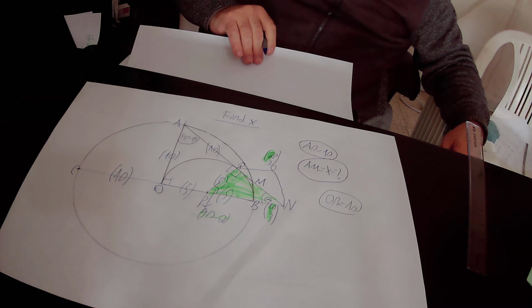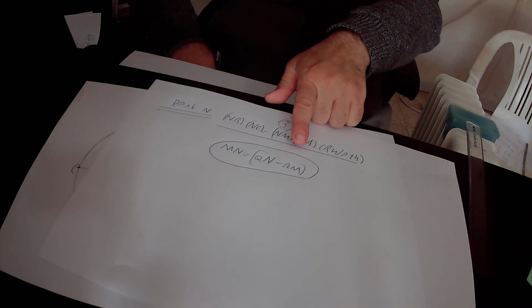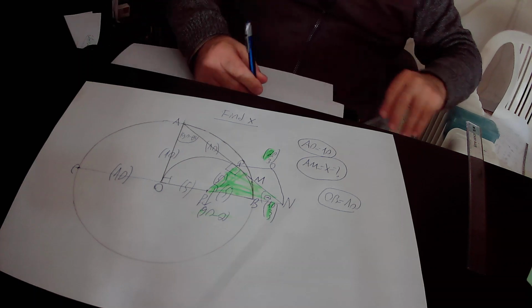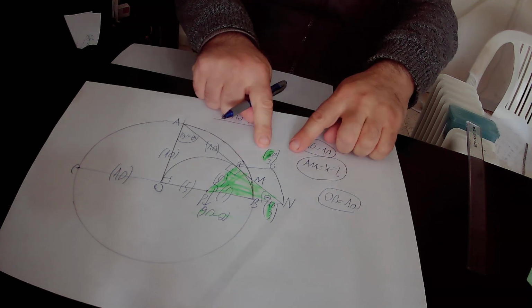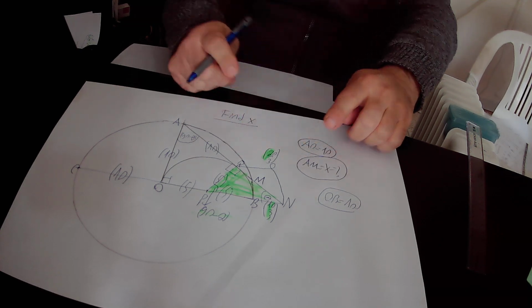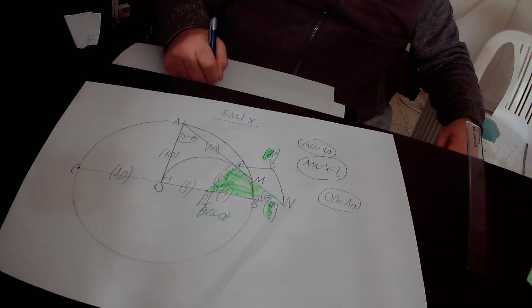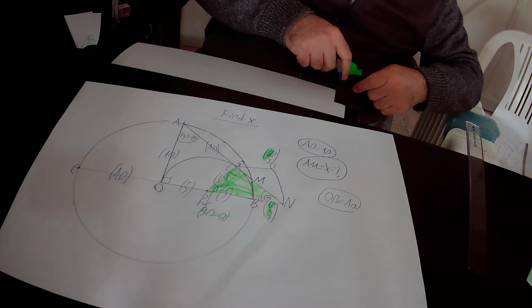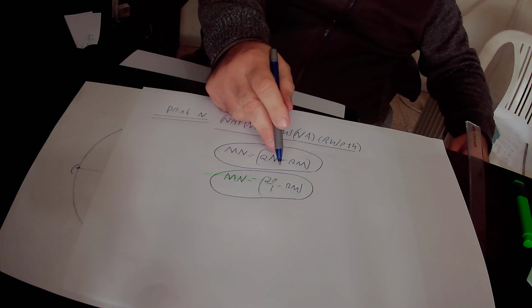QN is 20 over 3, minus QM. So in total, MN equals 20 over 3 minus QM.